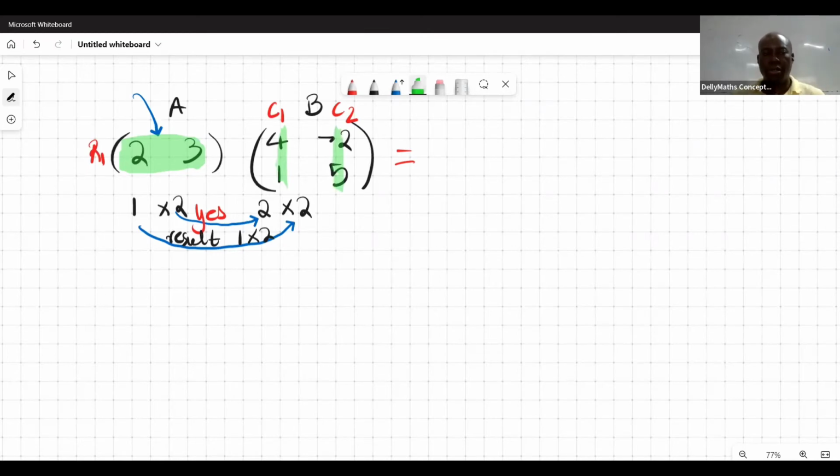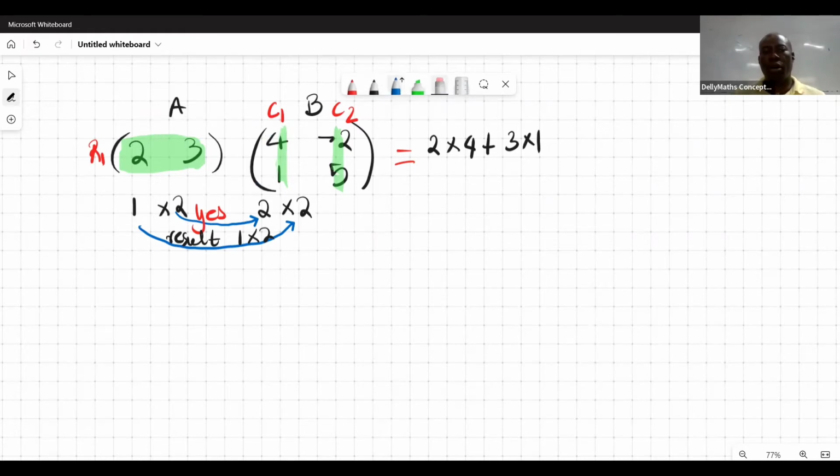The row from the first matrix must multiply by all the columns from the second. Let us go. We're going to be getting 2 times 4 plus 3 times 1. That is the first row with the first column.